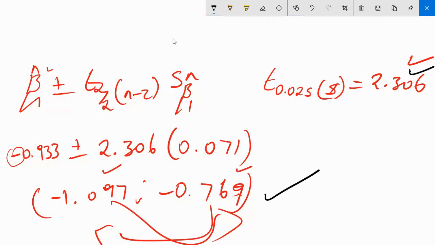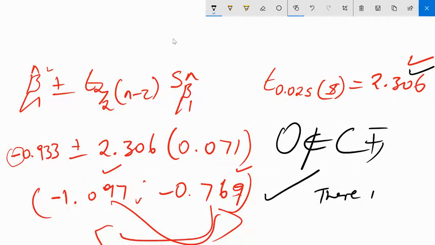We wanted you to tell us whether we are rejecting or not, whether beta is equal to 0 or not. Is there a possibility that beta 1 is equal to 0? If you look at this confidence interval, 0 is not part of it, and that tells us that there is a significant relationship.